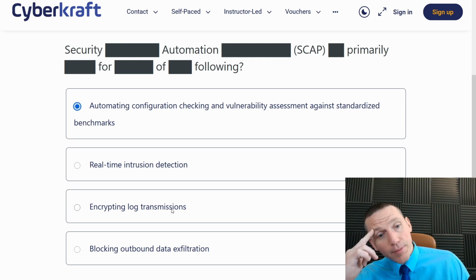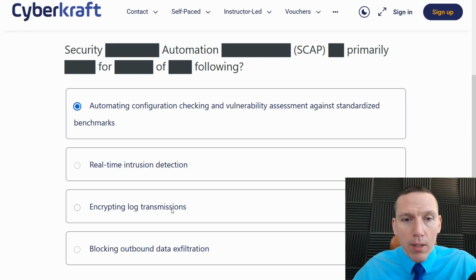SCAP. All right, security. I forget what the C stands for in SCAP. I think it's protocol. Security something automation protocol.